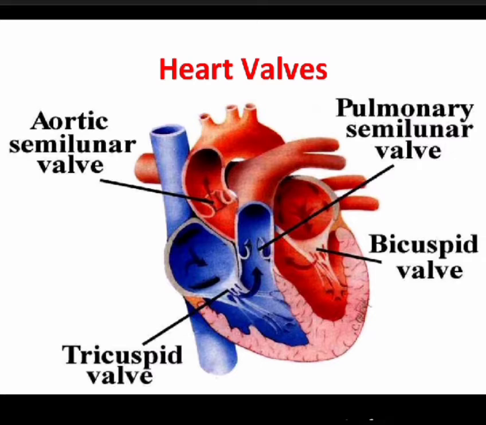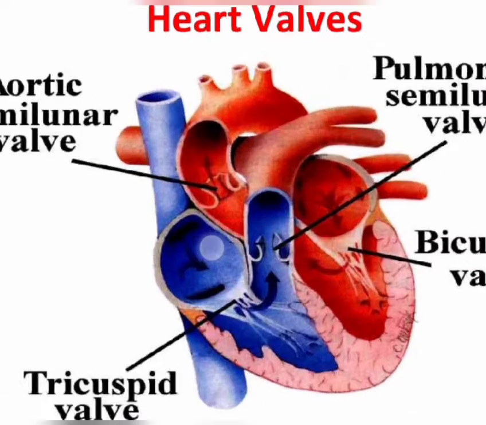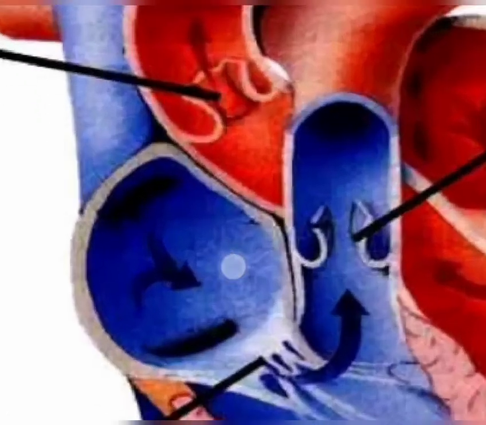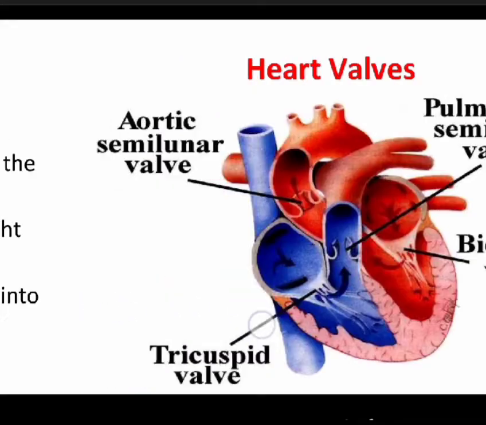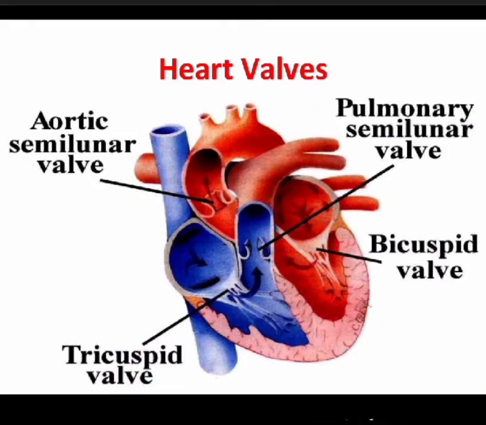So we have the aortic semilunar valve, then we have the tricuspid valve, which is between the left atrium and then ventricle.